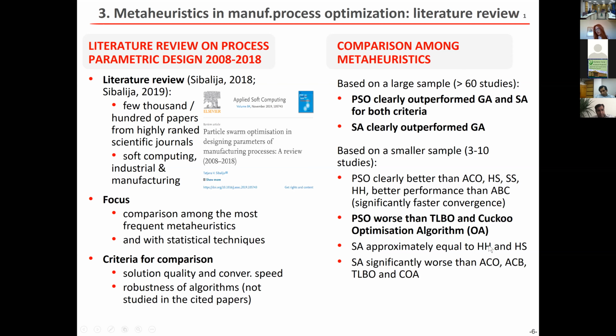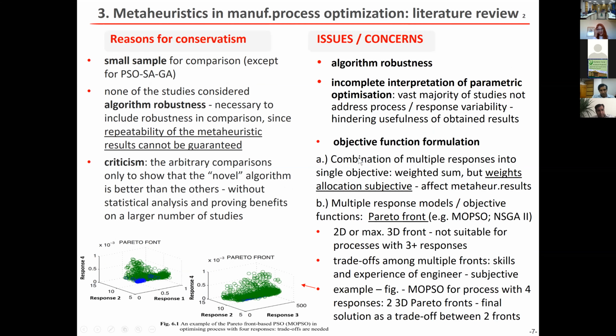Only these two algorithms were found in the literature review to be slightly better than particle swarm optimization. I just need to highlight several issues that I found in this literature review.